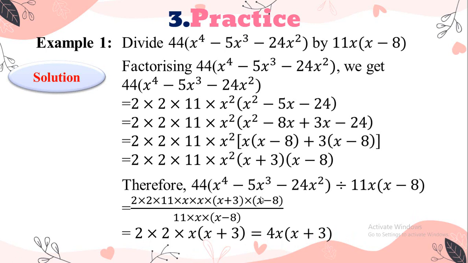Therefore, 44 times x to the power of 4 minus 5 times x cubed minus 24 times x squared divided by 11 times x minus 8. I see.